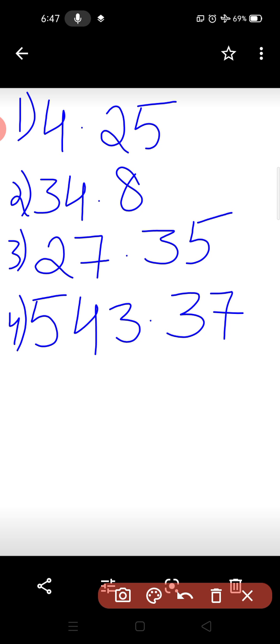If the number of digits in the fractional part of two decimal numbers is equal, then they are like decimals. For example, see the first number. How many digits do we have in the fractional part? 2 digits, 2 and 5.